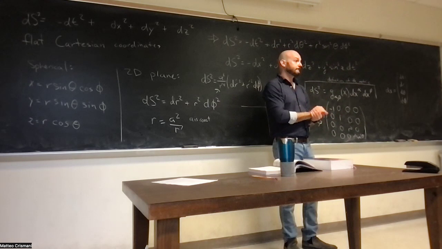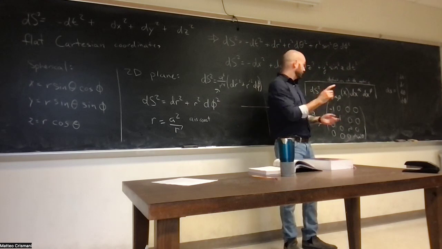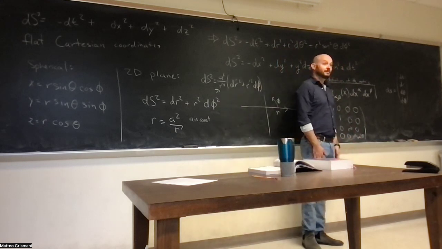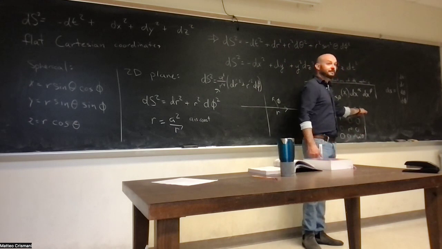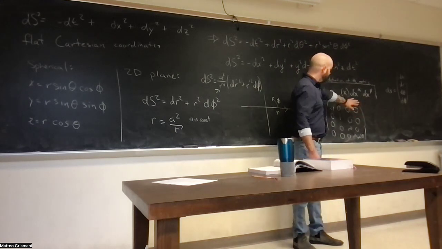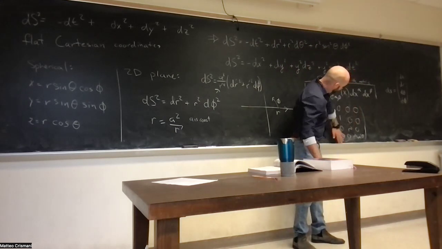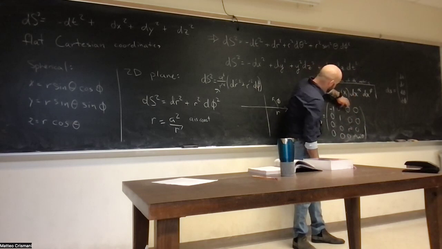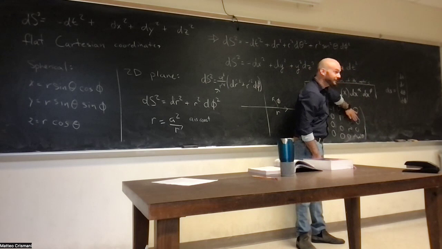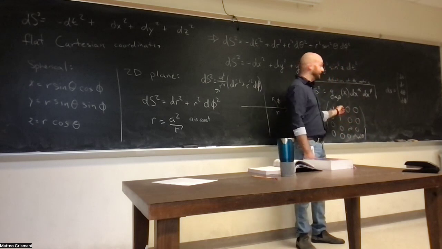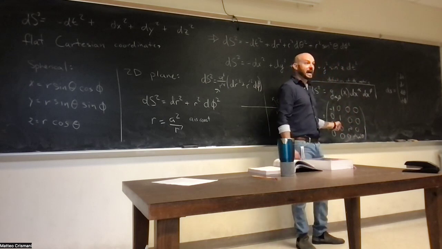Did you say there was 4 independent? Sure, there's 4 along the diagonal, right? But then there's 1, 2, 3, 4, 5, 6. I thought those were dependent. Well, these are mapped to here. So you still have to define them as zeros. You can either say that these are the dependent ones or these are the dependent ones, but usually you say Tij equals Tji. That's the way to talk about symmetry.